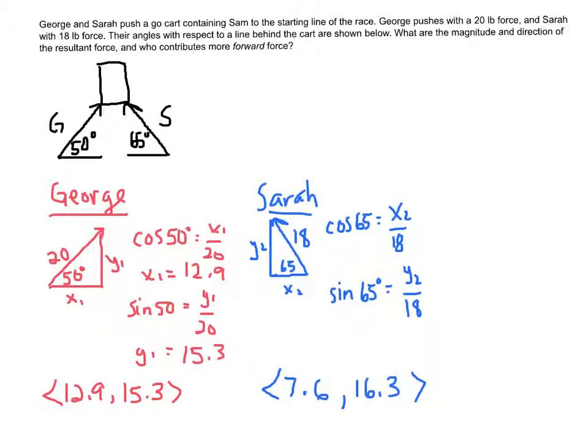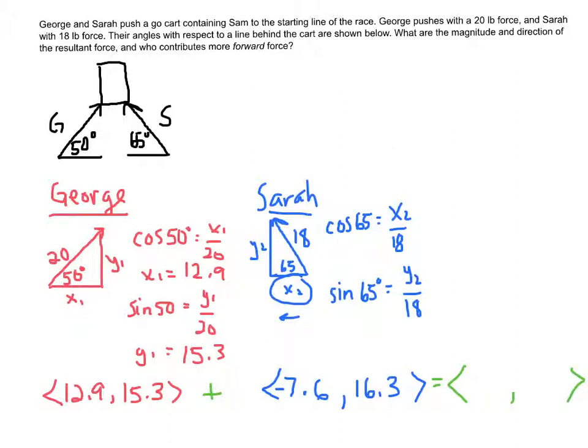So what we're going to do is add these two vectors together, and that's going to give us our resultant x and y component for the resultant vector. And one thing I'm noticing right now is that my x for Sarah should actually be negative because it's heading in the left direction, so that would be a negative value.